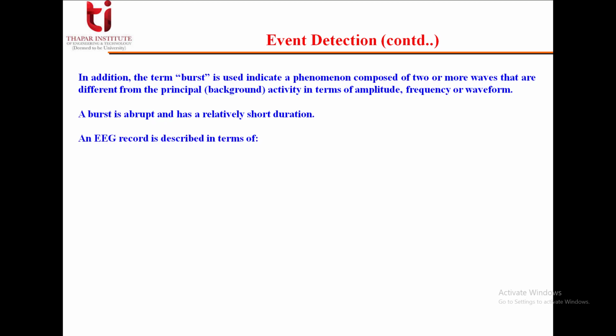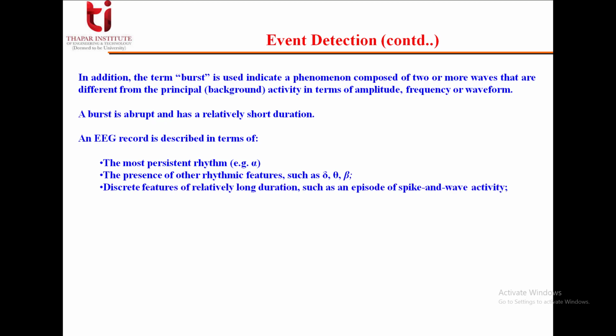Now we can describe the EEG record in terms of the most persistent rhythm, that is the alpha rhythm, and the presence of other rhythmic features such as delta, theta, and beta. There can be discrete features of relatively long duration, such as an episode of spike and wave activity.